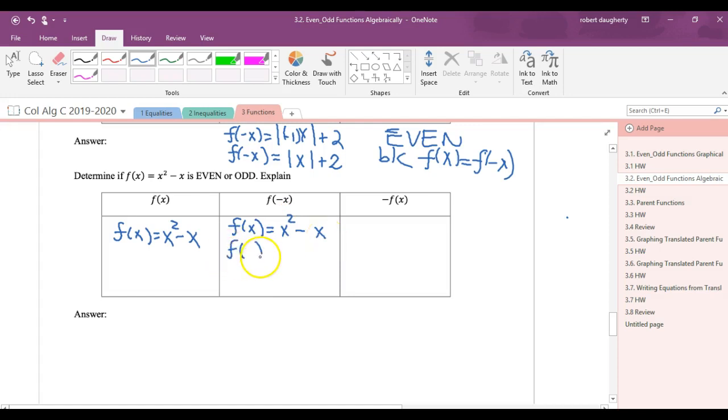Everywhere I see an x, I'm going to write a blank parentheses, because the next thing I want to do is substitute what into there? Negative x. Oh, sorry, I didn't quite do this. What I said I was doing and what I was doing are two different things. So the blank parentheses.